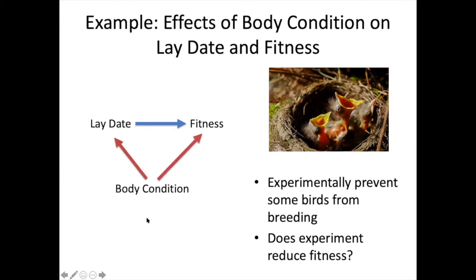Birds that have access to more food or are in better body condition lay their eggs earlier and have higher fitness. And so it's entirely possible that this association between when a bird lays its eggs in the spring and what its fitness is entirely determined by this lurking variable, such as body condition.